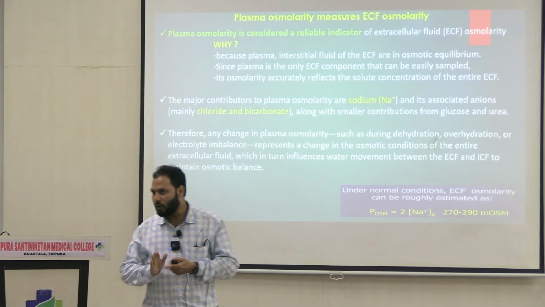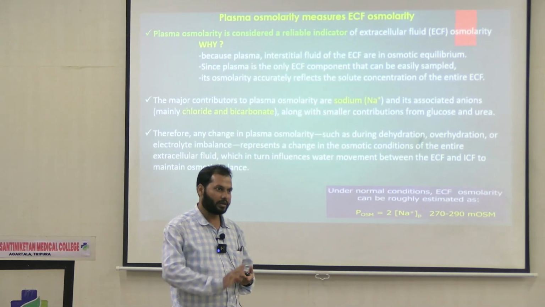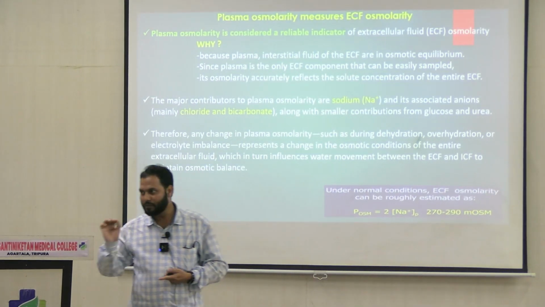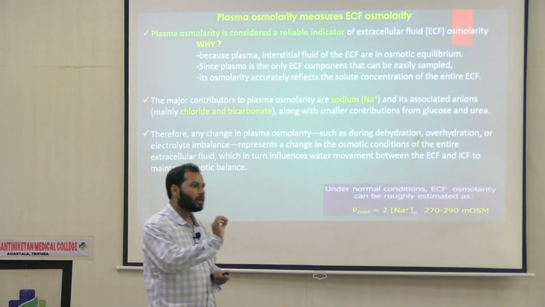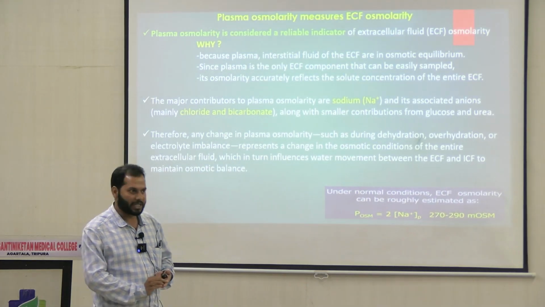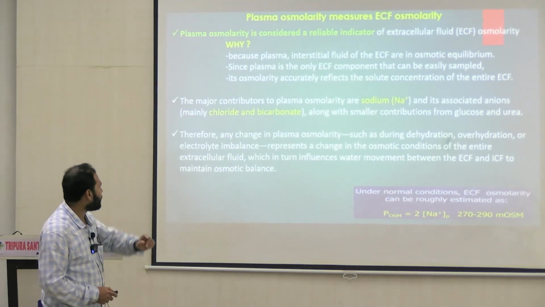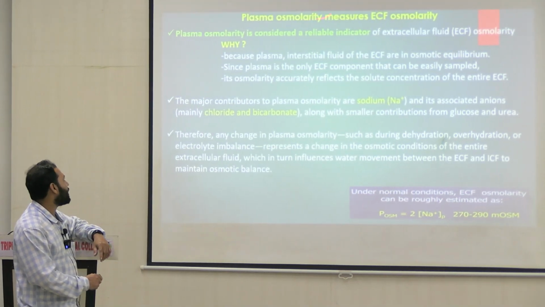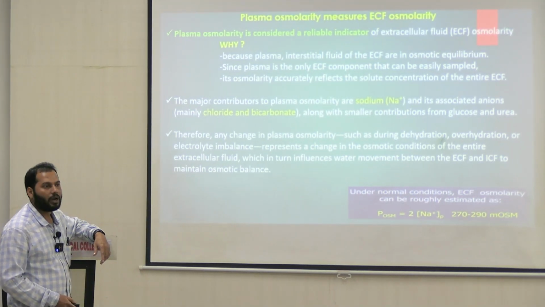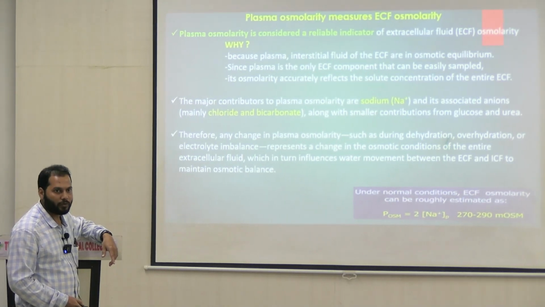As you already know, the ECF consists of three compartments. I am repeating the terms: the interstitial fluid compartment, then plasma, then transcellular fluid. So the question is, how does the measurement of plasma osmolarity define the osmolarity of extracellular fluid?